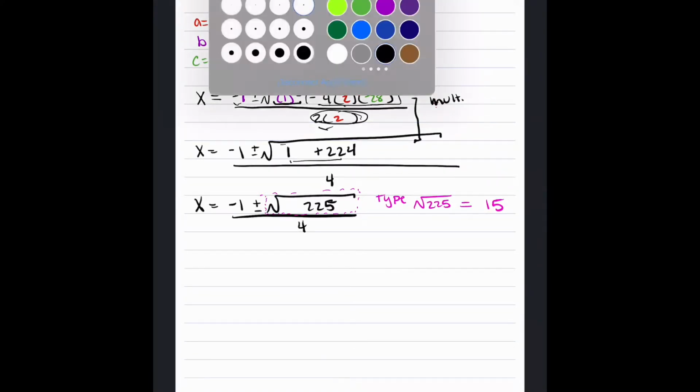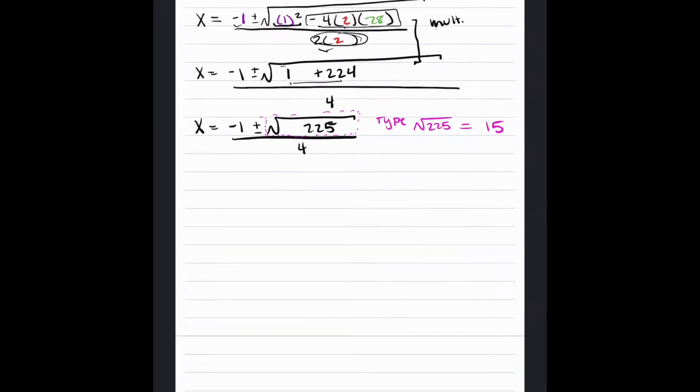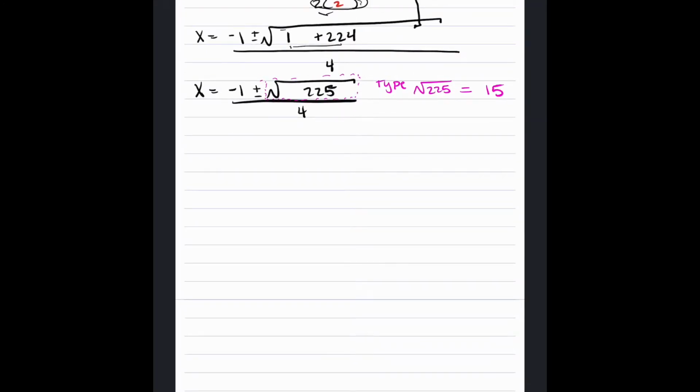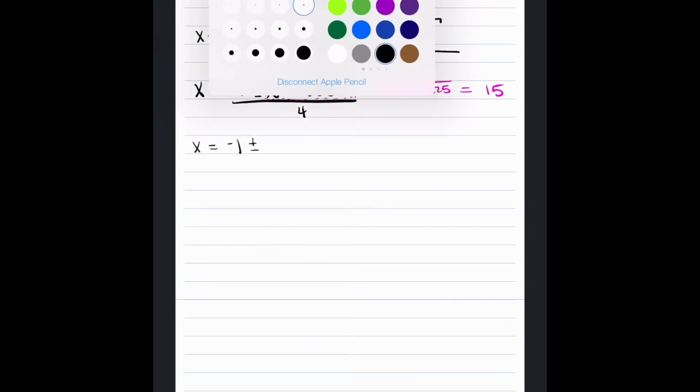So from there, I'm going to continue on this problem. Bring down my x, my equals, that negative 1 plus or minus, and this is where I stop. Because last time I was just writing square root of whatever. Well, I just did the square root there, and I got 15. So instead of writing square root of 225, I'm just going to write 15 there.